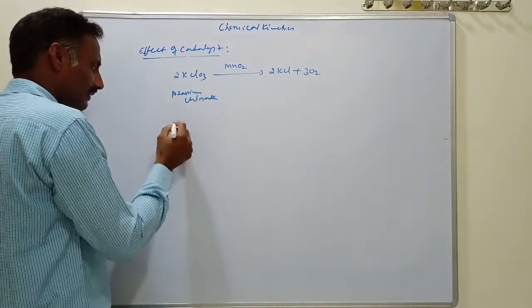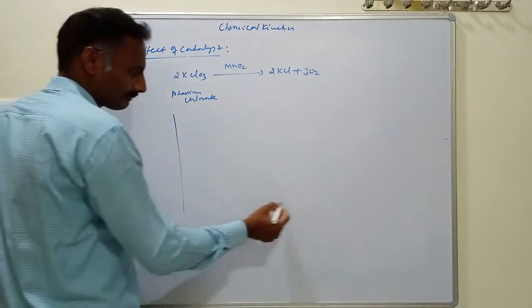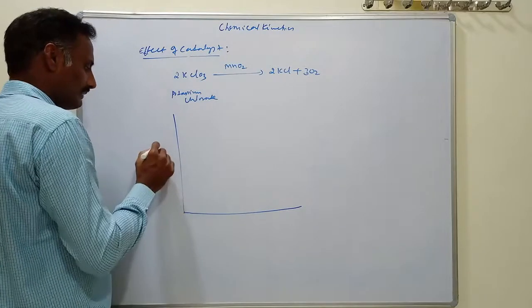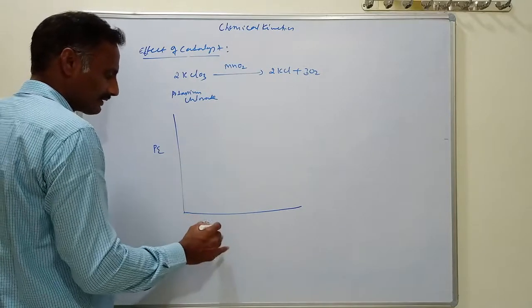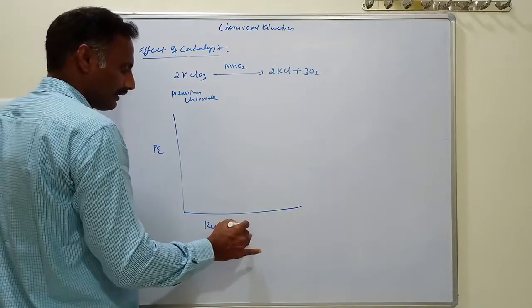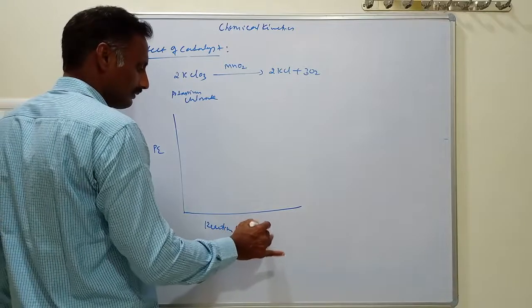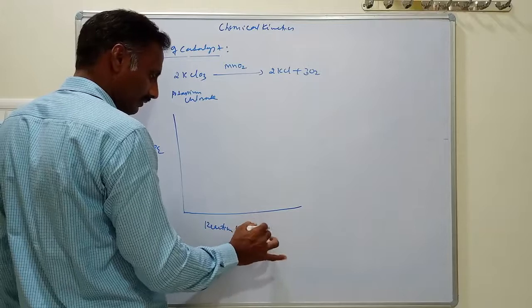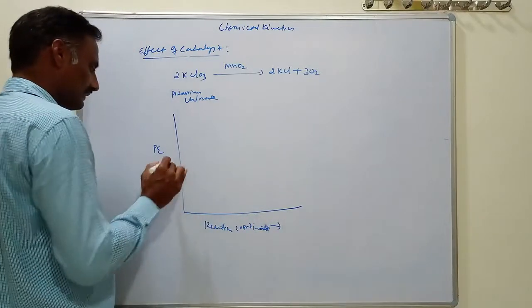That is, if you draw a diagram of potential energy versus reaction coordinate, it is like this.